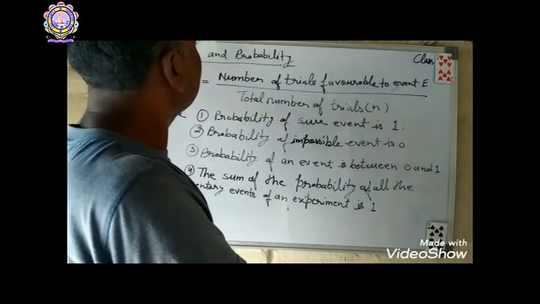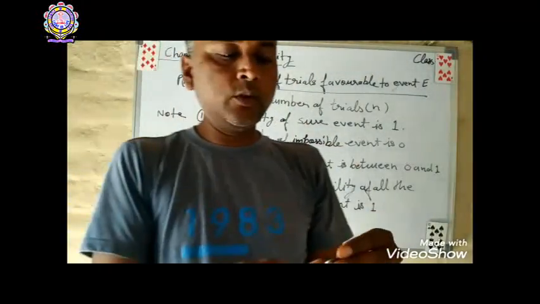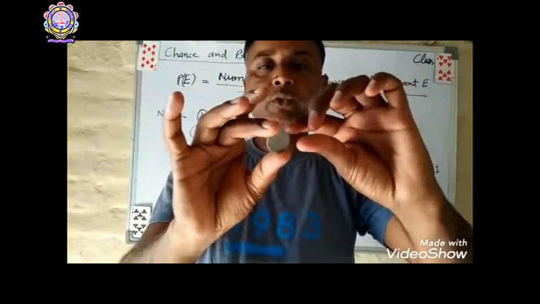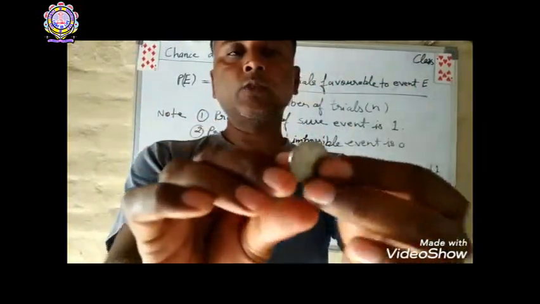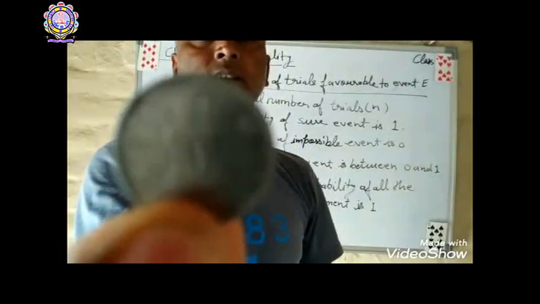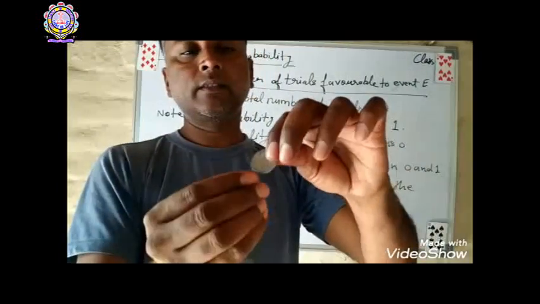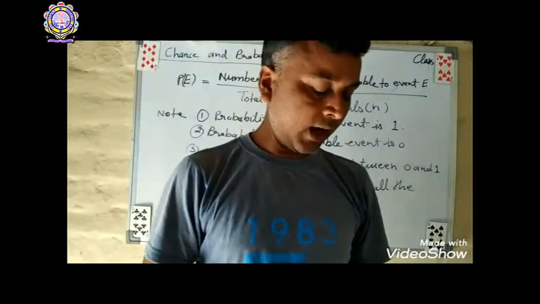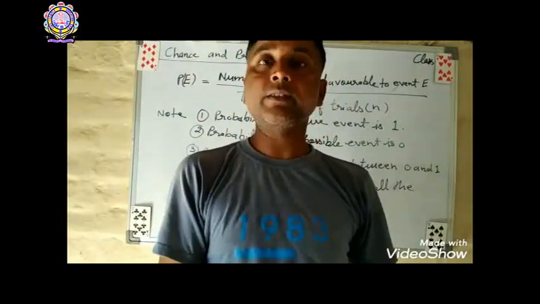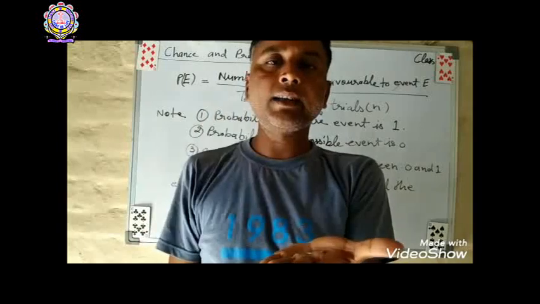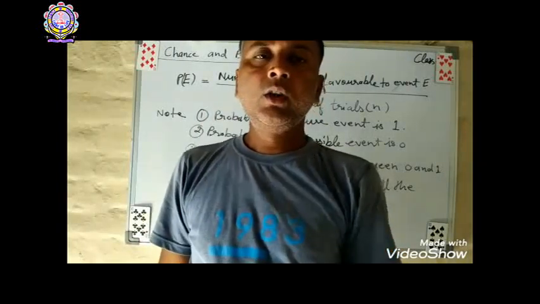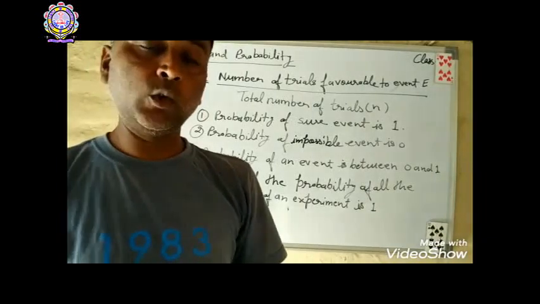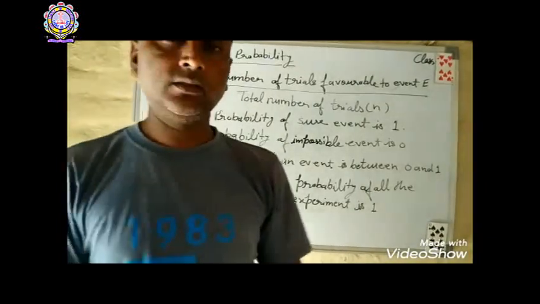Now I use the coin. It has two faces. That is, one is head, another is tail. So when I toss it like this and ask, what is the chance to come head and what is the chance to come tail?